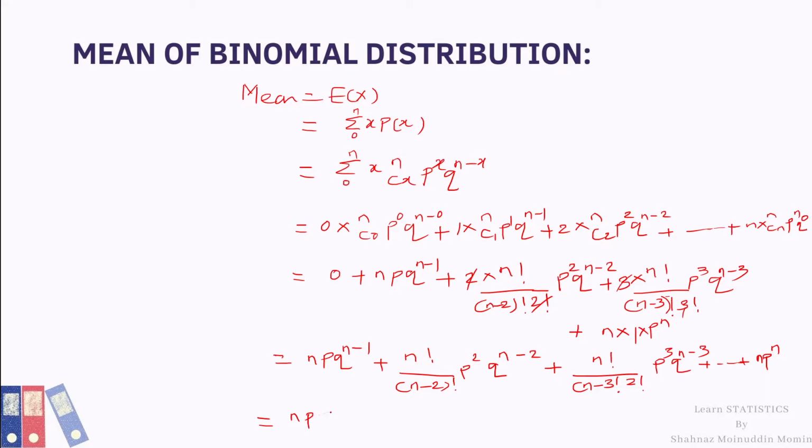Further, in n p q raised to n minus 1, n minus 2 factorial is cancelled from n factorial, so the remaining term is n minus 1 p square q raised to n minus 2. Similarly, in this step n minus 3 factorial is cancelled from n factorial, so the remaining terms are n minus 1 and n minus 2, p cube q raised to n minus 3, plus and so on, n p raised to n.